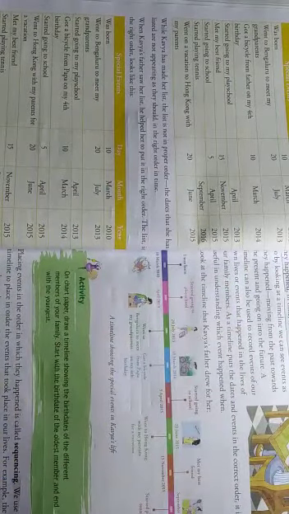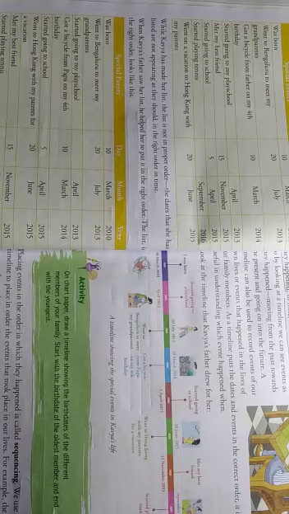We will move to timeline now. Students, in our life there are many important events, right? If you talk about your past, you will see that many important events have happened, and there are many important events which are going to happen.